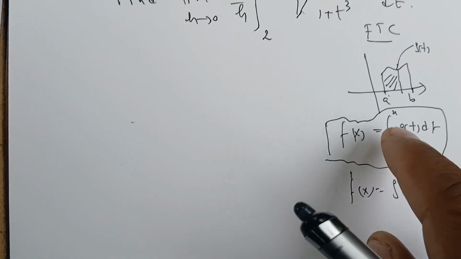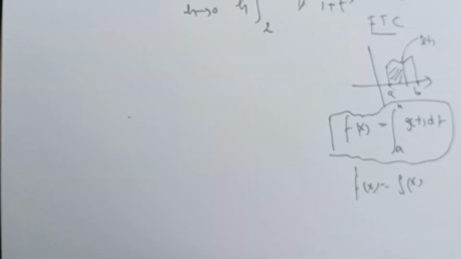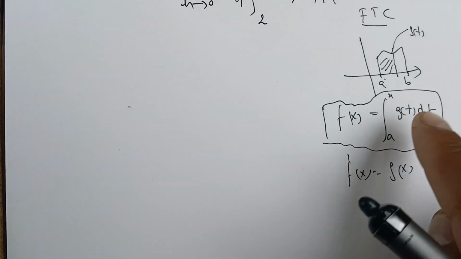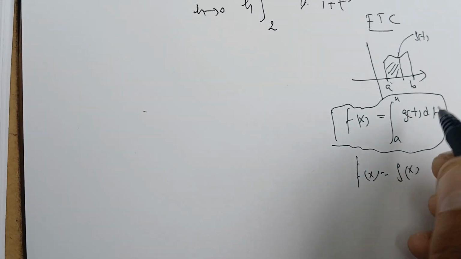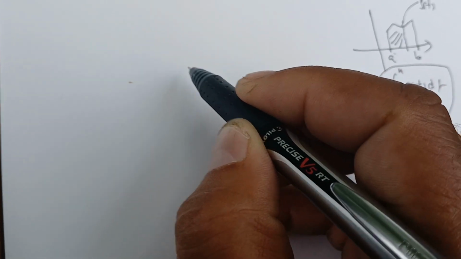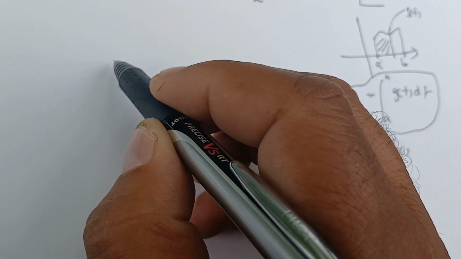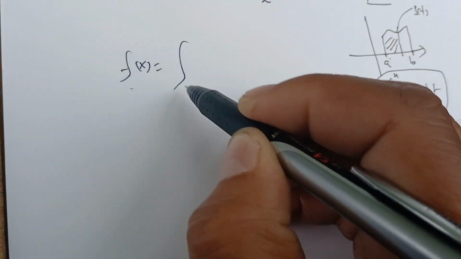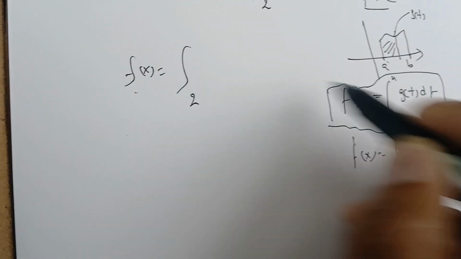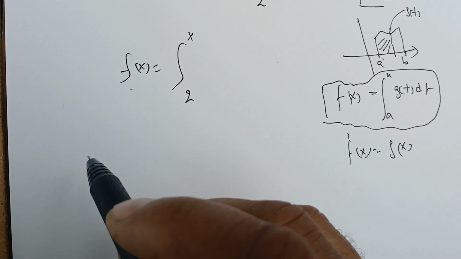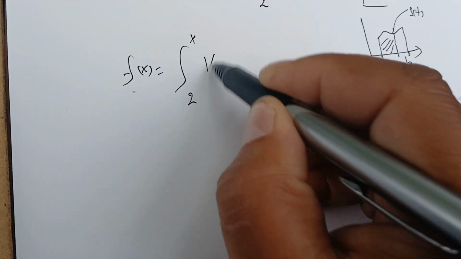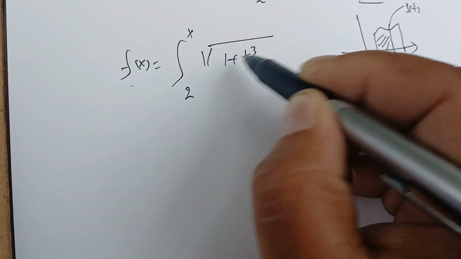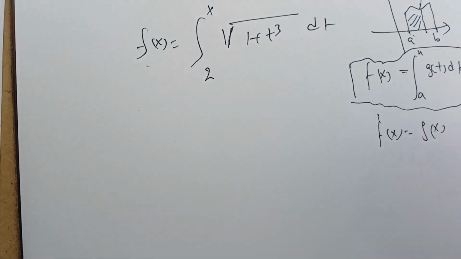To do so, we need to make it look like this. Clearly our g of t is given to us. So f of x, a is 2, and let's put x here for now, and g of t is just the square root of 1 plus t cubed dt.